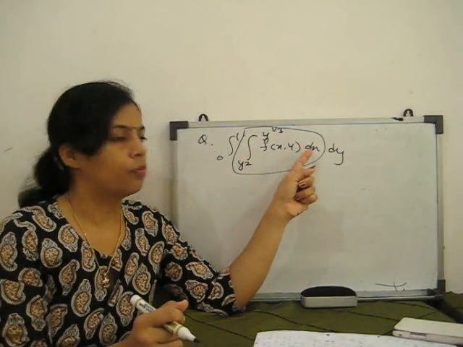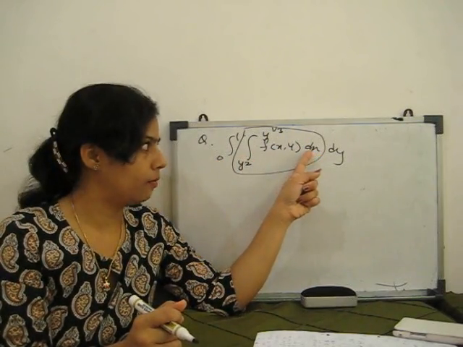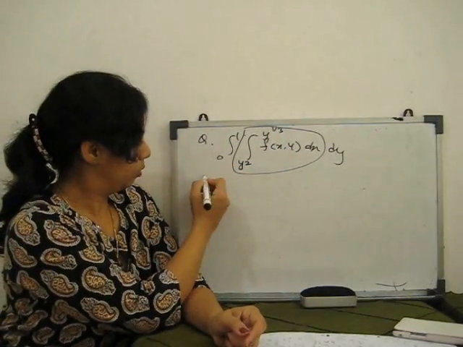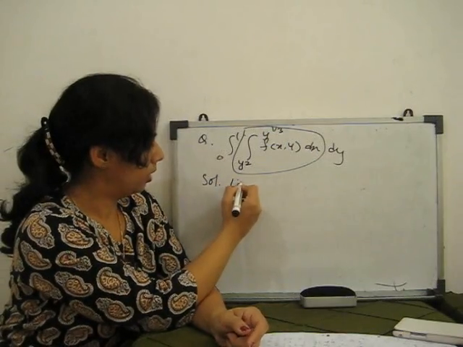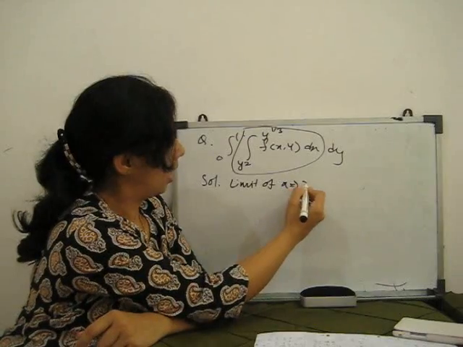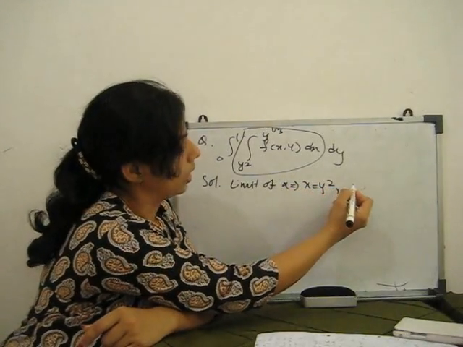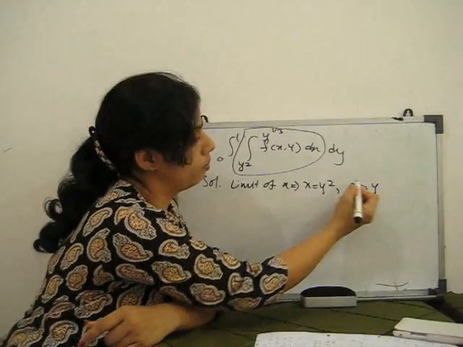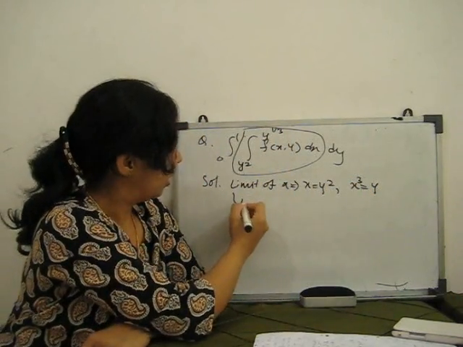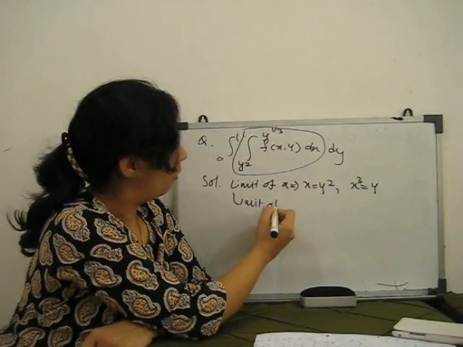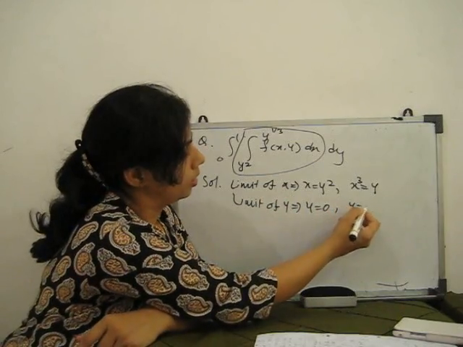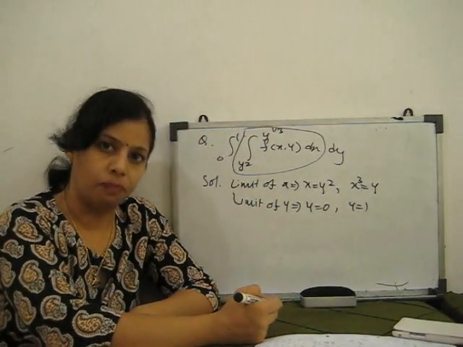So now we have to find constant limits for x and the variable limit in terms of y. Solution: the limits of x are x equal to y square and x equal to y to the power 1 by 3, meaning x cube is equal to y, and y goes from 0 to a maximum of 1.